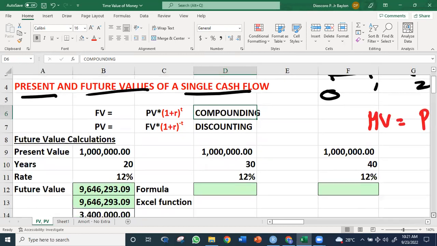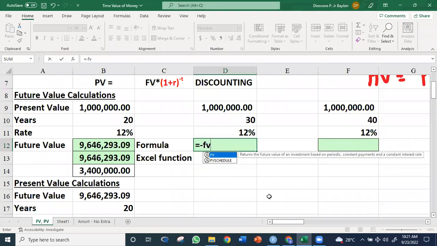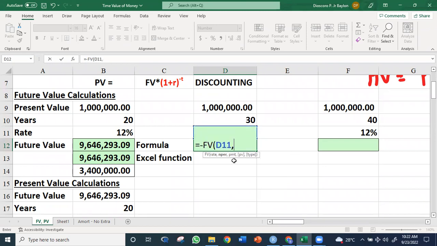All right, so if the number of years were on the other hand 30 or 40, let's compute as a practice to get the future value. So this is equal to, let me just put here negative FV. Our rate is the same 12%, NPER is 30, PMT ignore because this is not an annuity, this is just a single cash flow, 1 million.